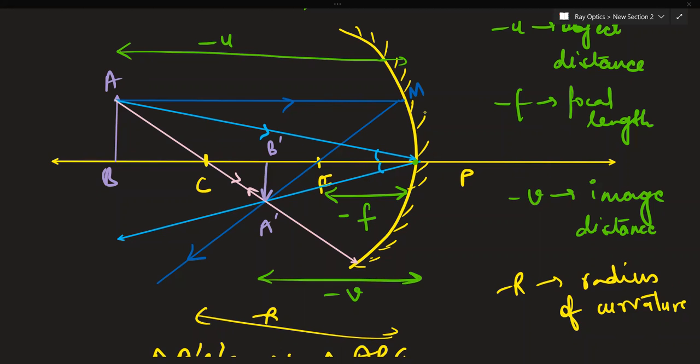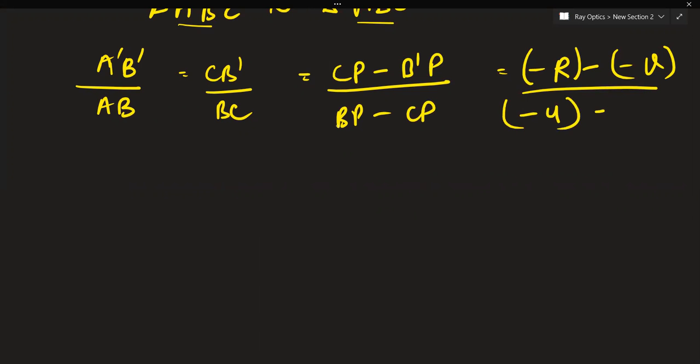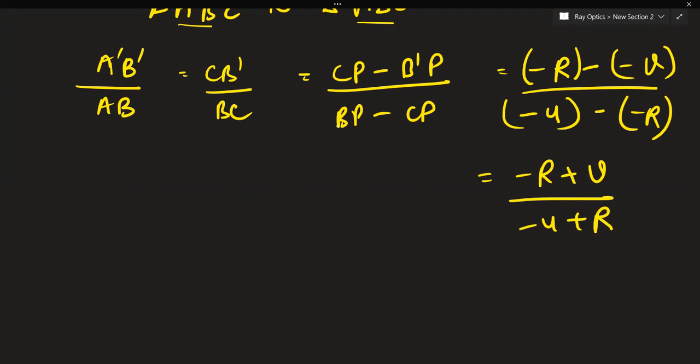If I subtract this CP, which is the radius of curvature, I'll get this part BC. So BC will be equal to BP minus CP, which is complete object distance minus the radius of curvature. Putting in sign conventions, we'll get minus R plus V divided by minus U plus R.